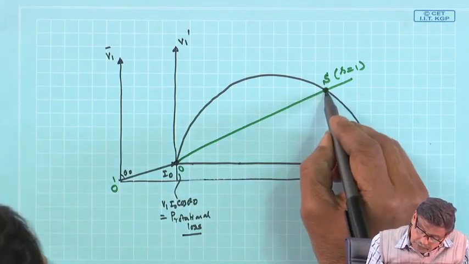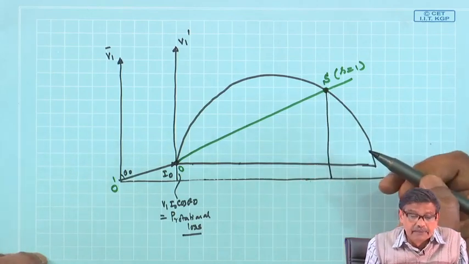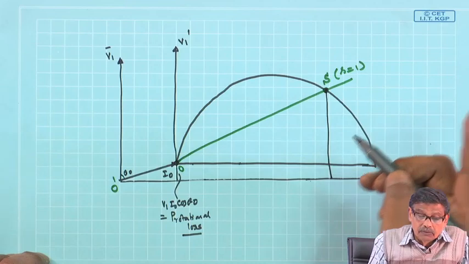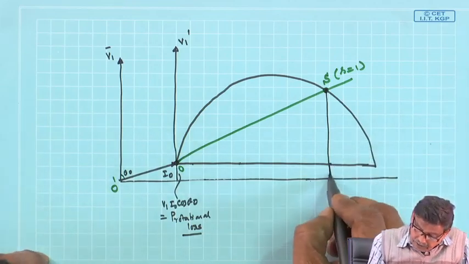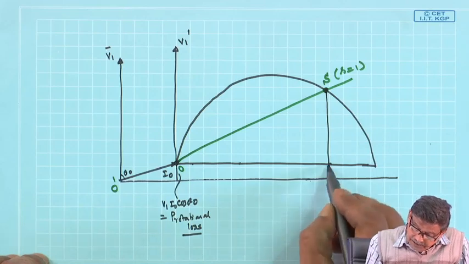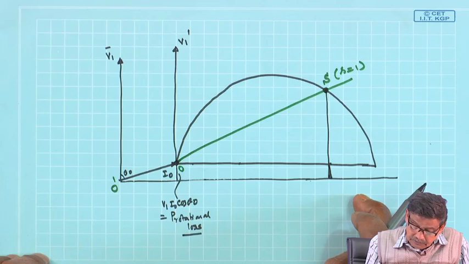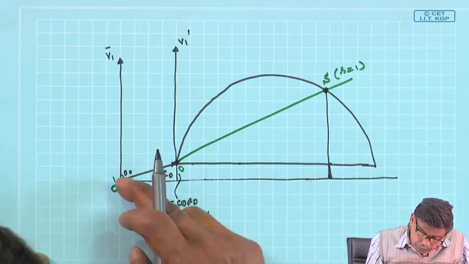Now, drop a perpendicular, exactly the same step. So, I draw a line here, of which this length I know is the rotational loss. What is the total input power?